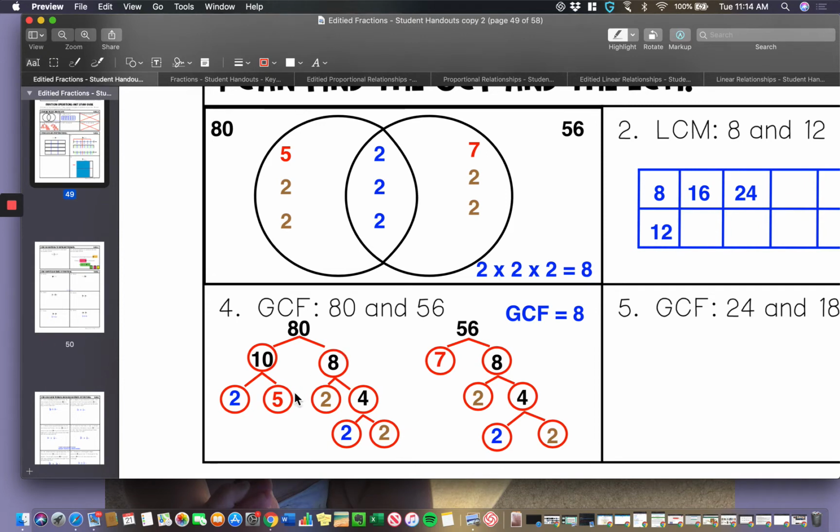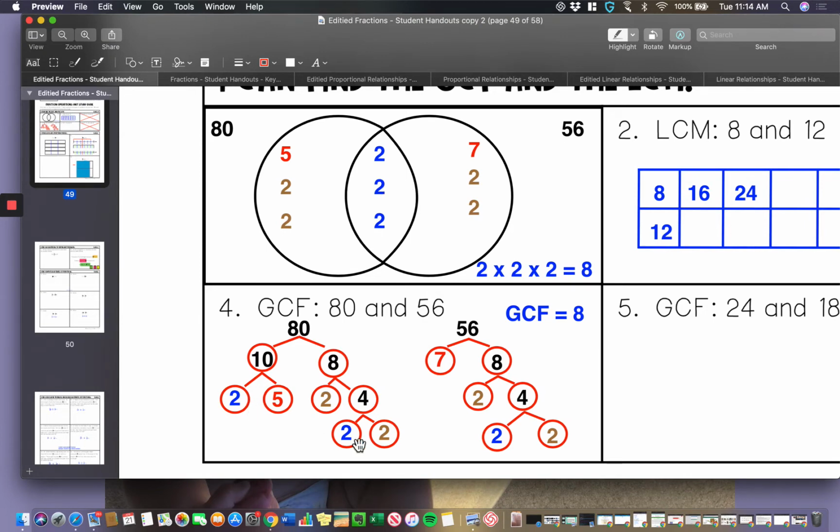So it's pretty easy to see that 5 is a number they don't have in common. There's only 5 on this side. There is not another 5 on this side. So 5 is a prime number for 80, and 7 is a prime number for 56. Now, you do see that I have a bunch of 2's, and why didn't I include all of those 2's in the middle?